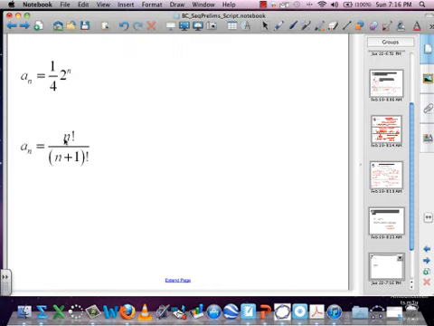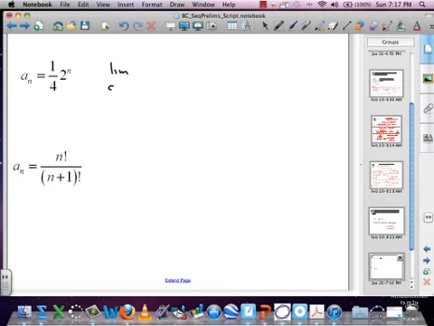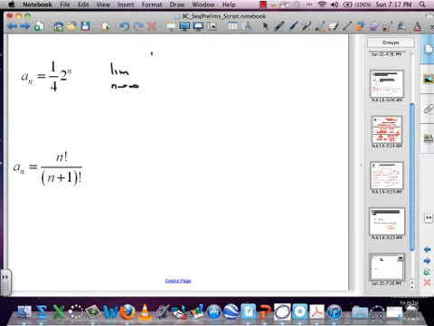Now we already wrote out some terms of these two sequences, and you may still have those written down, visible to you. That's cool. But if we just take a look here, what is the limit as n goes to infinity of this sequence? If I remember correctly, it started off with 1/4, 1/2, 1, 2, 4, 8, 16.